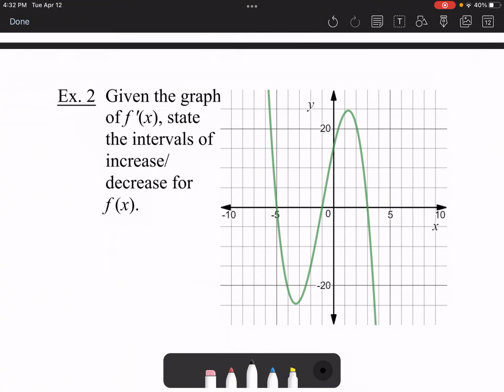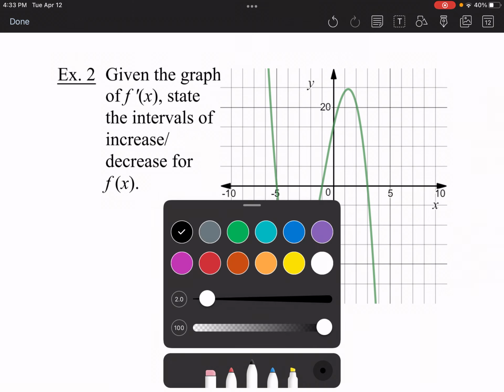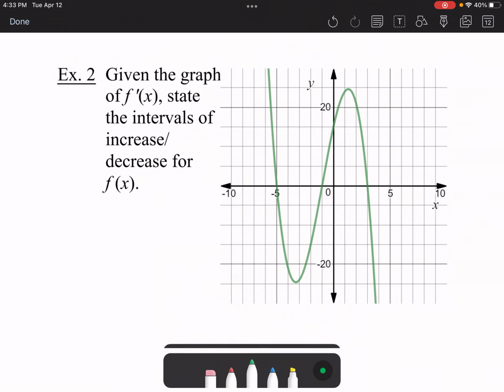Okay, so last thing. Let's suppose we're given a graph of f prime of x shown here. We want to state the intervals of increase and decrease for the function. So in actual fact, we're already given when the function is positive and where it's negative.